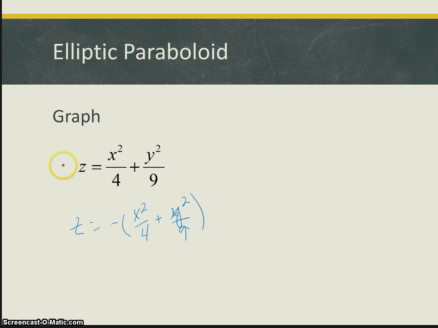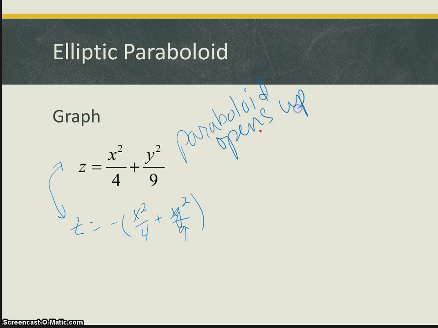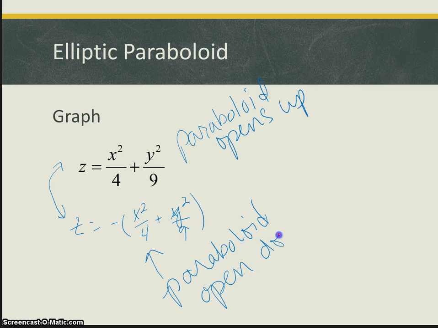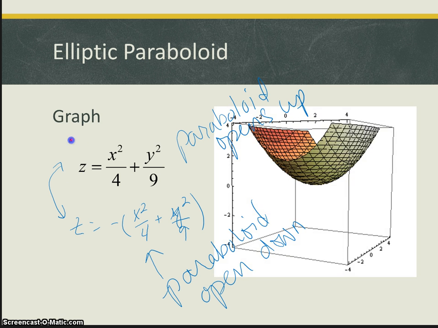The difference between these two is that this paraboloid opens up, and this paraboloid would open down. We think of those in a similar way as parabolas. And so the graph of the paraboloid that we were given, we recognize as opening up, and that would be the graph of what that would look like.